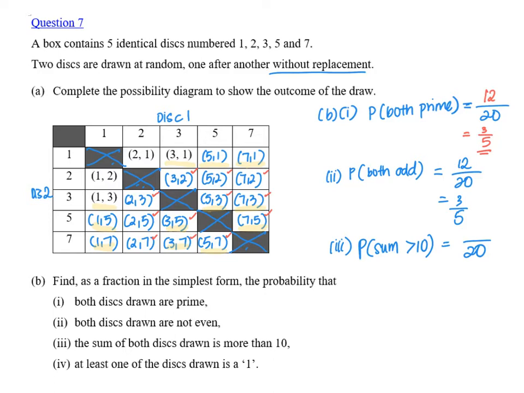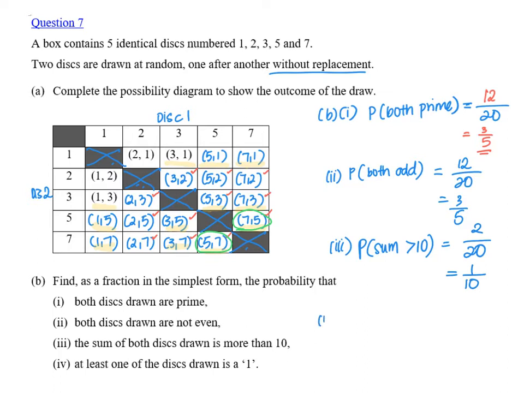So it can only be 7 plus 5 or 5 plus 7, which gives you 12. And they want more than 10. So 7 plus 3 is not an option because it's exactly equal to 10. So in this case, there will be only 2 cases out of 20. So simplify, 1 over 10.